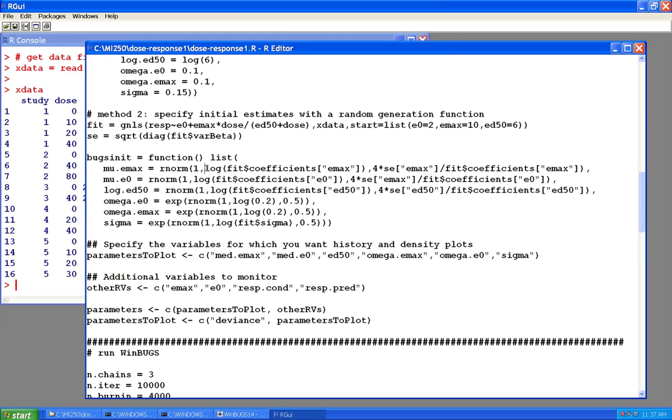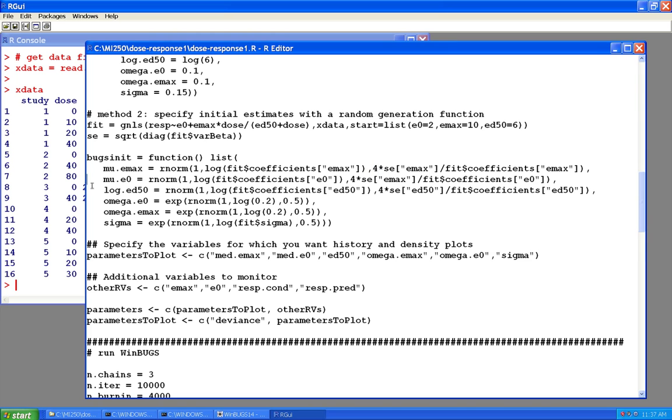So for mu Emax, I take the log of the estimated Emax I got from up there, and then I take the standard error for that, and basically it's like a CV. I take the standard error divided by the parameter and multiply that by 4 to get sort of an over-dispersed set of values out of this.